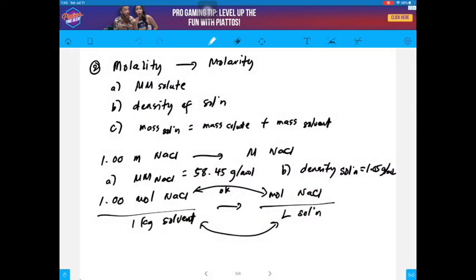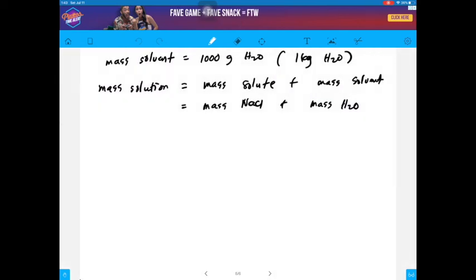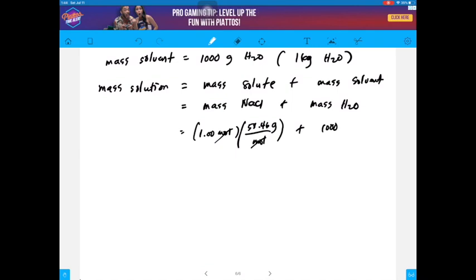How do we find the mass of sodium chloride? We already know how many moles of sodium chloride there are, so we can convert moles to mass. We have 1 mole and convert it to mass using the molar mass, 58.46 grams per mole. Cancel out, and the mass of water is 1000 grams.